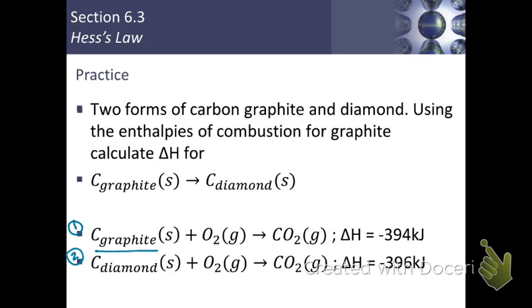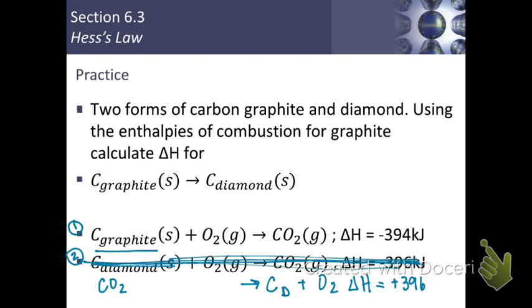I would rewrite it as CO2 breaks down to form carbon diamond plus O2. And then my delta H value for that reaction is no longer negative 396, it's positive 396. Okay, and then I want to make sure I cross out that middle equation, because I'm not paying attention to that anymore.